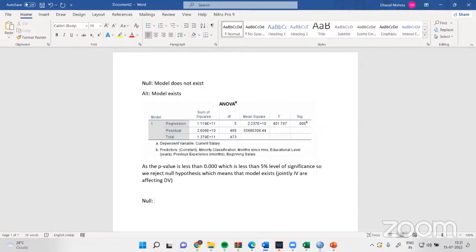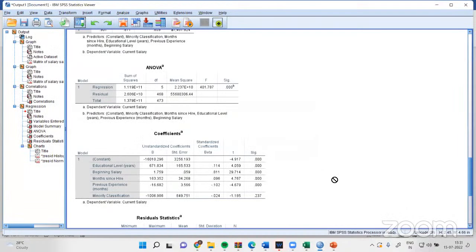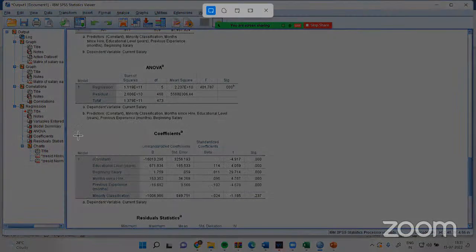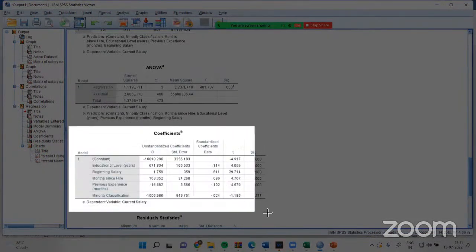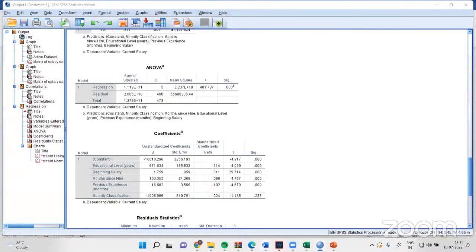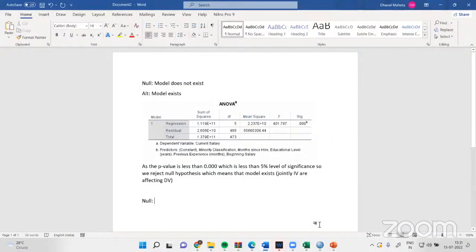Go back. Null: individual coefficients are not significant. Okay.